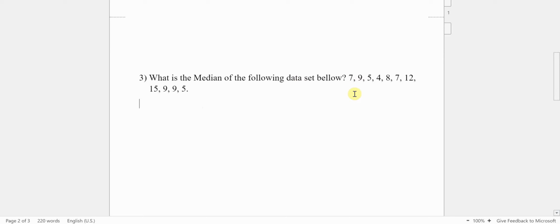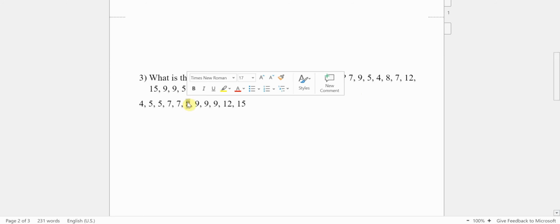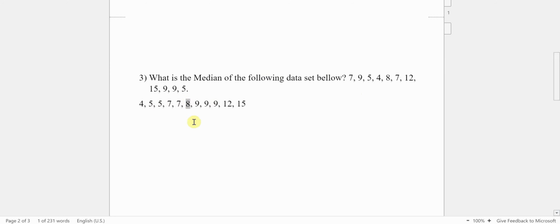Putting them in order, you'll get 4, 5, 5, 7, 7, 8, 9, 9, 9, 12, and 15. You can see from here that 8 is the middlemost number already. So 1, 2, 3, 4, 5. 1, 2, 3, 4, 5. So 8 is our middlemost number.